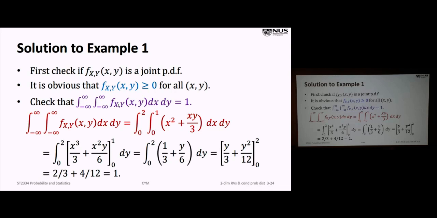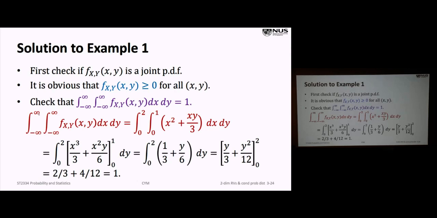Hopefully you have done double integration before. If you haven't, we're going to learn it along the way. It's pretty much doing integration once and then integration again. So I want to compute the integral between minus infinity and infinity for x. This means integrate x first, then that integral is integrated with respect to y between minus infinity and infinity.